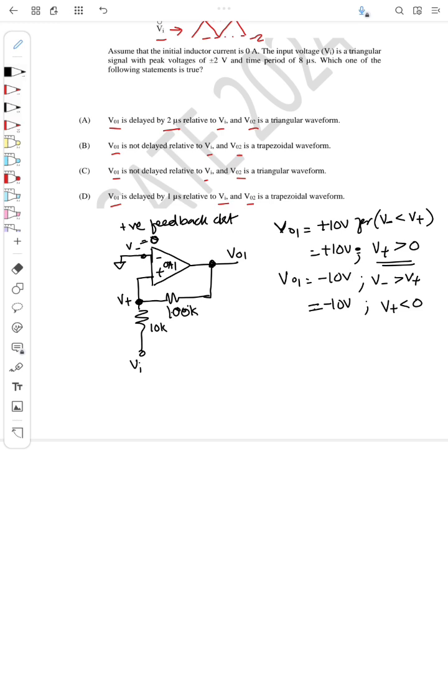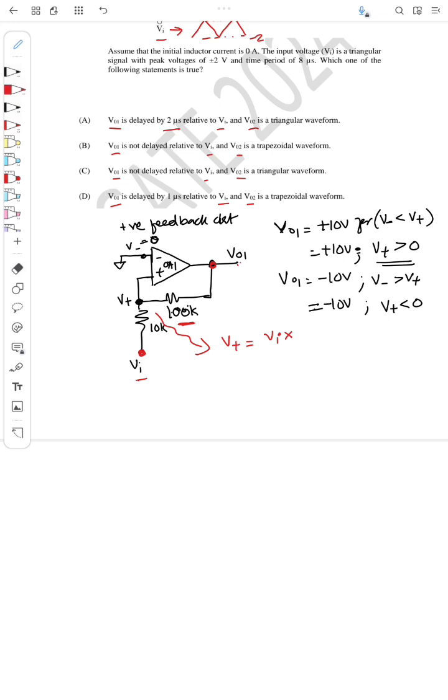Okay, so from this circuit, what is V plus? I can apply the superposition theorem, right? Because here one voltage Vi is there, here one voltage V01 is there. So the voltage due to Vi at this V plus is Vi into this resistance, 100k, because when Vi is taken, I should assume that this is grounded. Okay, and when V01 is taken, we will assume this as grounded. Okay, so it will be a potential divider.